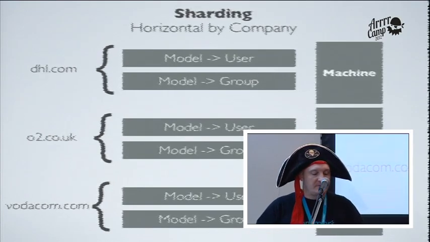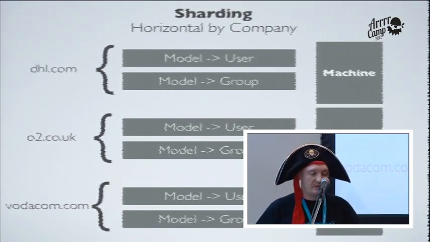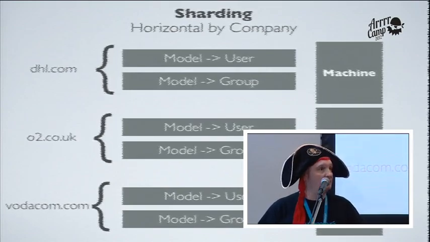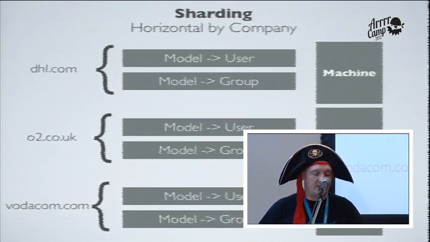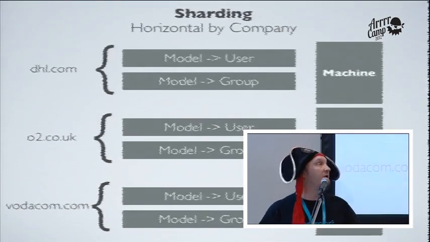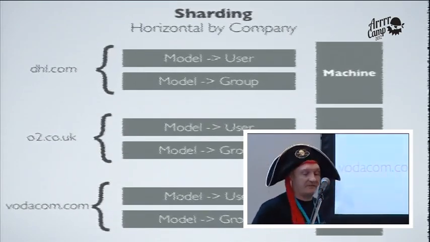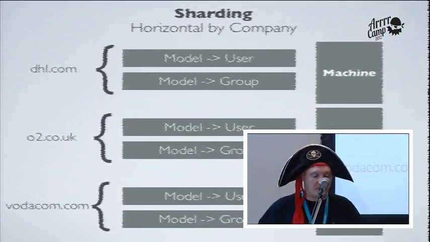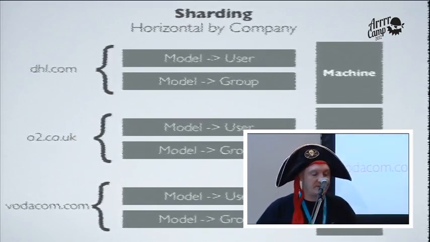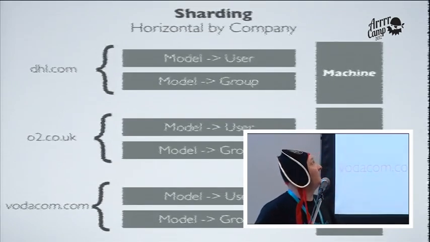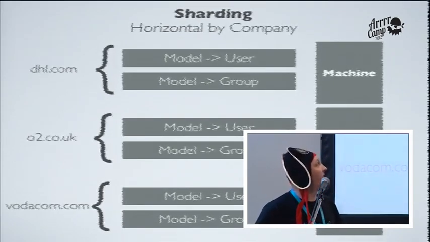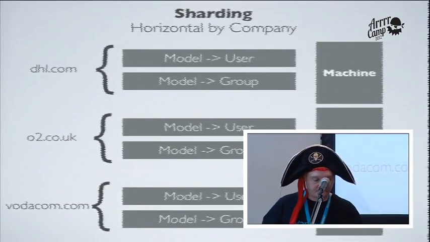So most of the time, we want to use horizontal sharding, and most of our models rely on a given company, which we identify with the network domain of the company. So we try to host on the same machine models sharing the data for the same company.